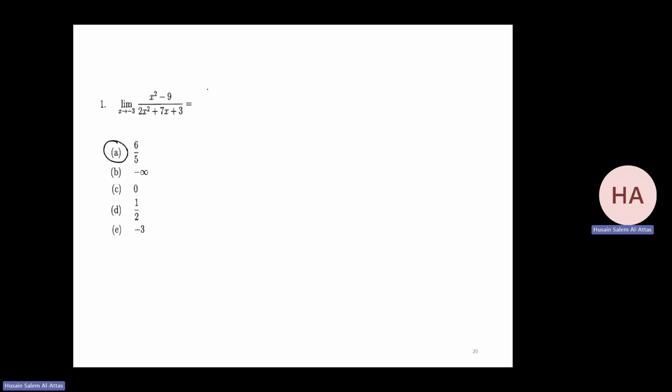The same thing here. If we substitute, you get 0. 0 is 9 minus 9. Here I have 18 minus 21 plus 3, 0 over 0. So I need to simplify it. x minus 3 times x plus 3 over, yeah, I need to factor this. This is 2x times x.